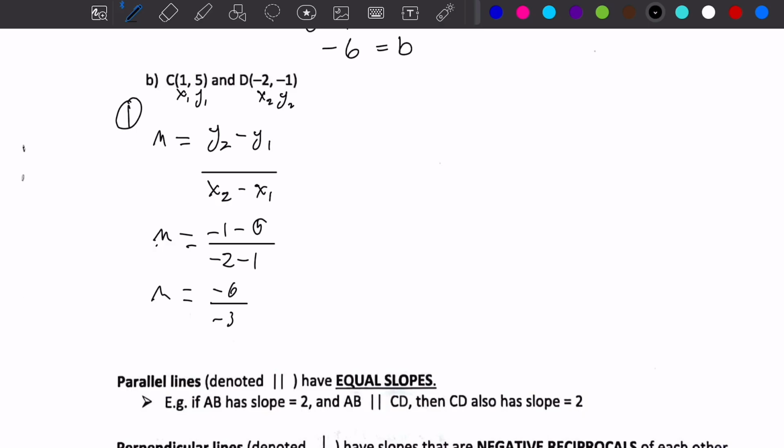So we got negative 6 over negative 3, which is just negative 2 over 1. Two negatives, if we divide, negative 6 divided by negative 3 is just 2. Okay, perfect. So we got the slope.